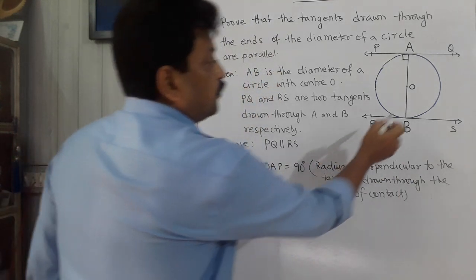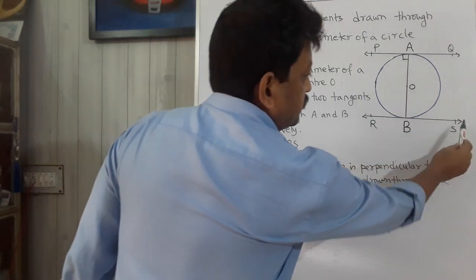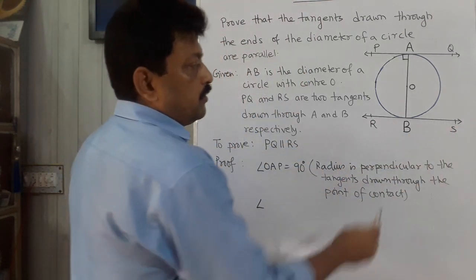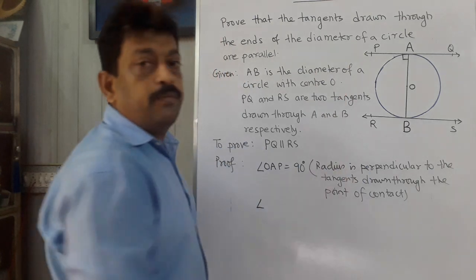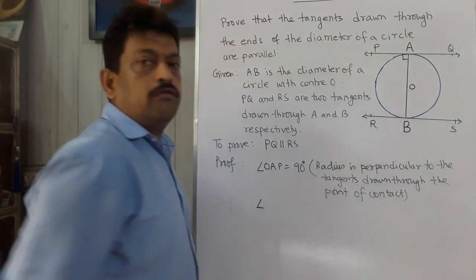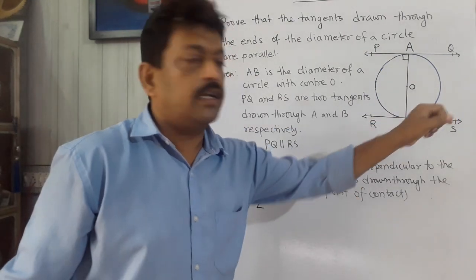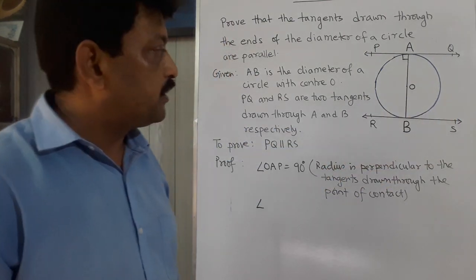Now see here, OB is also a radius and RS is the tangent through the point B. So we can say that OB is also perpendicular to RS according to this theorem, that the radius is perpendicular to the tangent drawn through the point of contact.